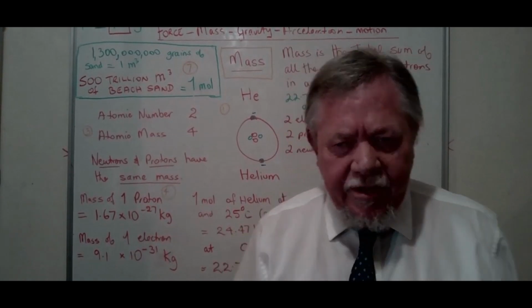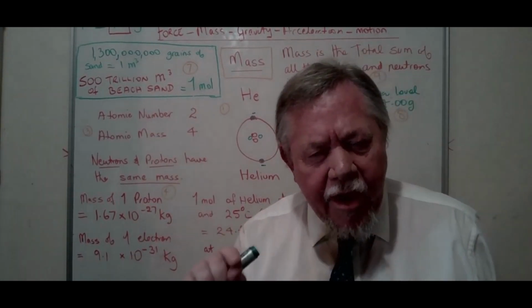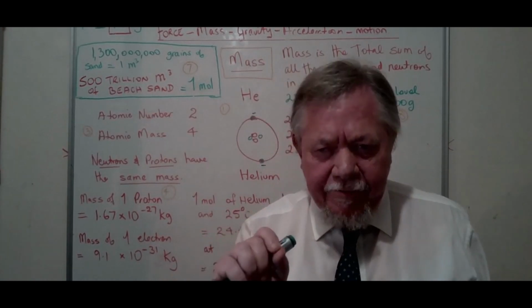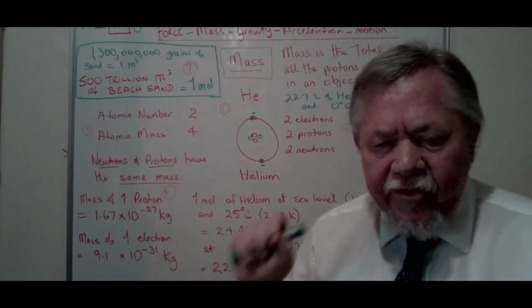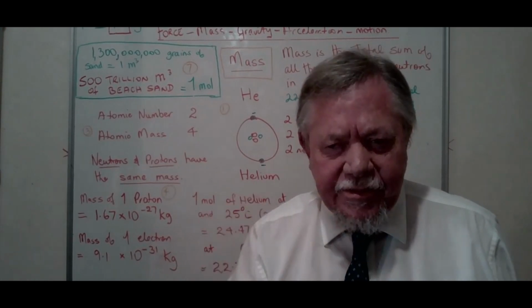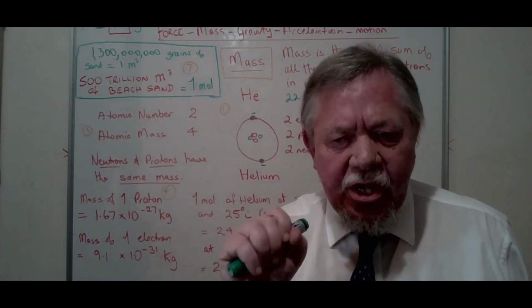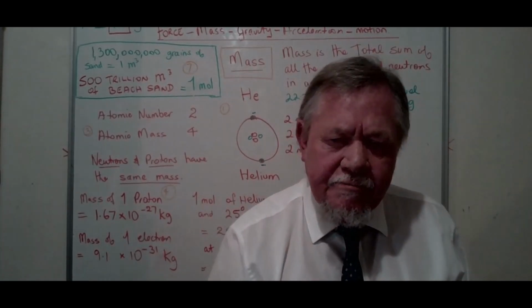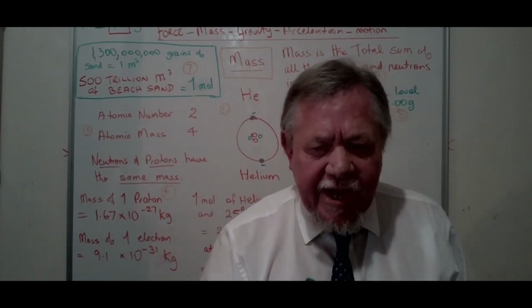That's the important thing. We have now reduced the amount of helium to grams. We've reduced that to mass. We now understand what mass actually is. So let's see if we can put that into a statement.